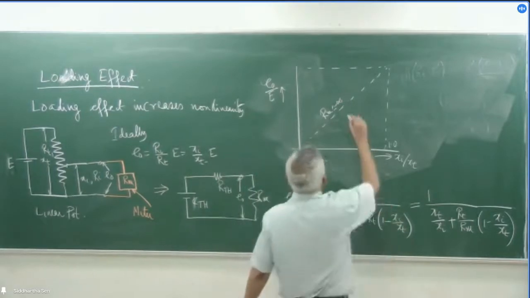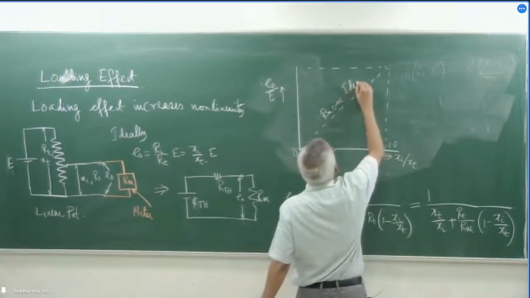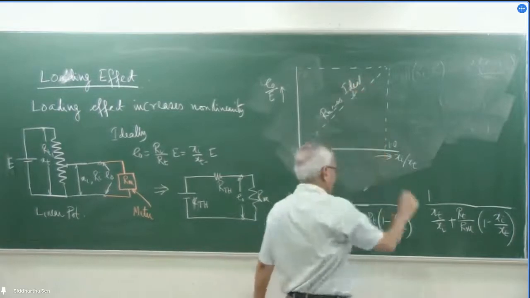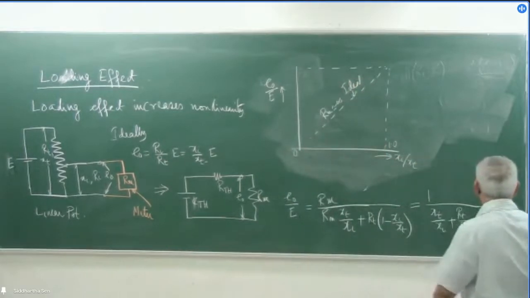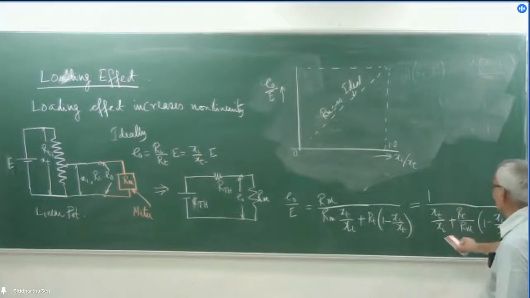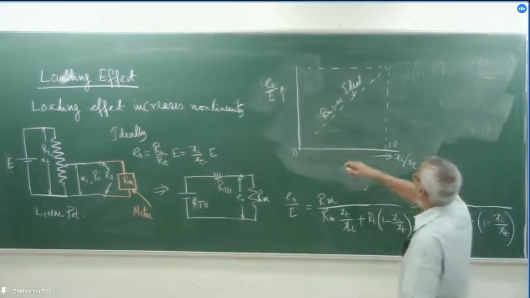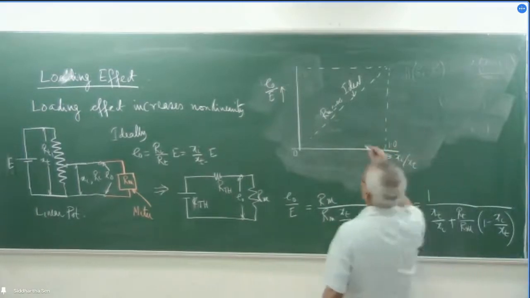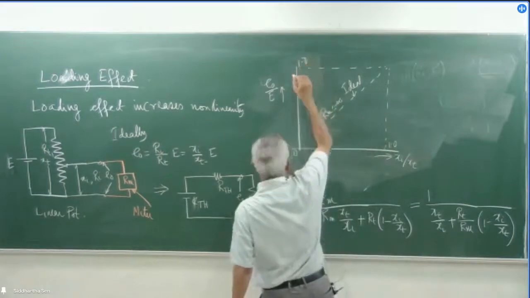So it is your ideal condition. If it is 0, it is Xi by Xt, and it would be a straight line like this. And in this case, it is also 1.0.